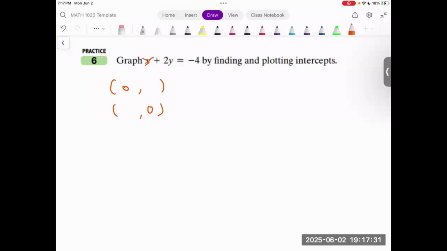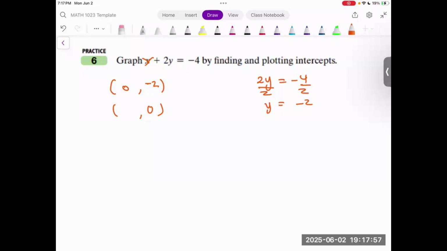So what do you see? 2y equals minus 4. What's going to be the y? Negative 2. Everybody understand how you get negative 2? If you're not sure, just write 2y equals minus 4, divided by 2 and divided by 2. The y is minus 2. Write it down if you feel more comfortable.